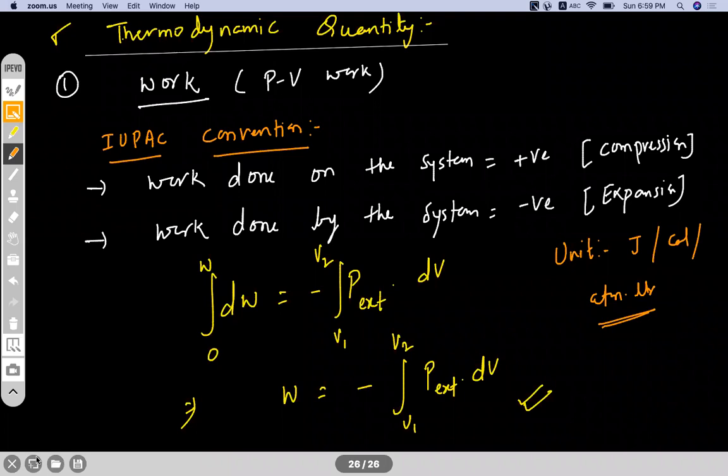So always keep that in mind. Whenever work done is in atm liter, you have to convert it into joule. So 1 atm liter is equal to 101.325 joule. With this, you can easily convert.